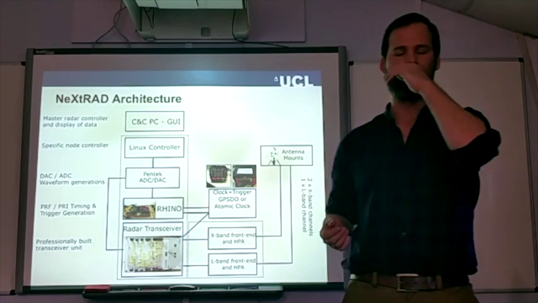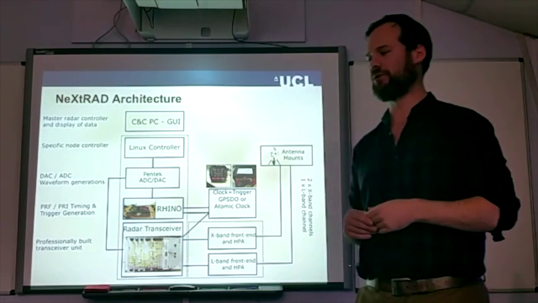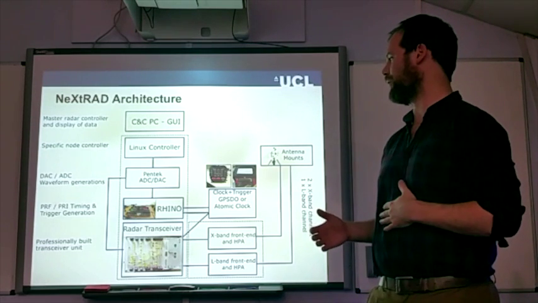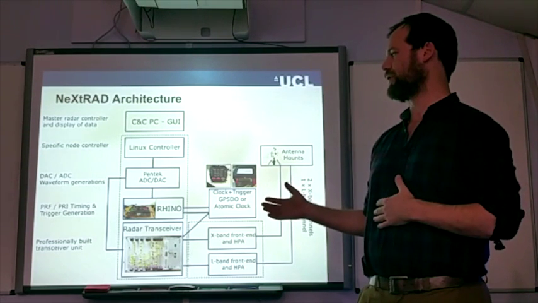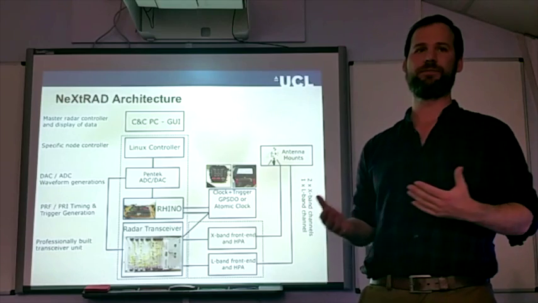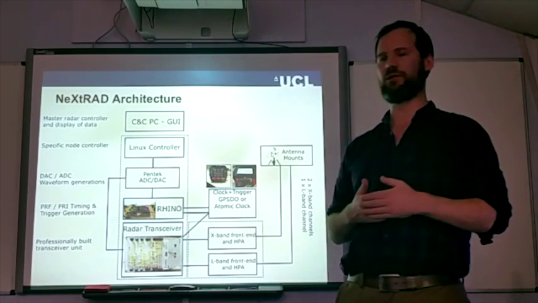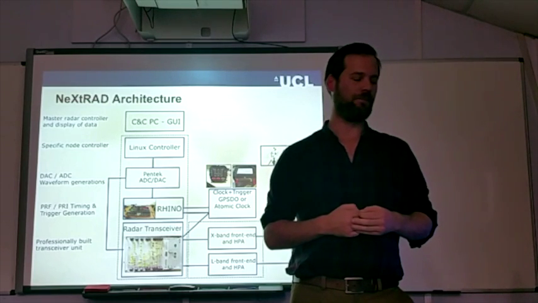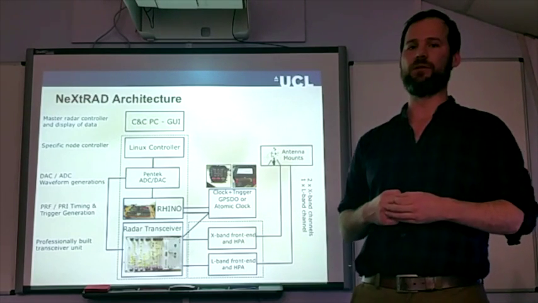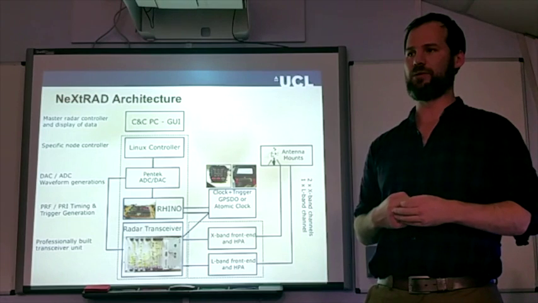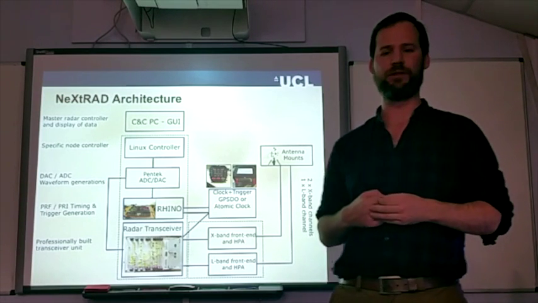Then the Rhino board, which is an open source FPGA board, is going to be used to generate our PRF and trigger signals and provide them to both the Pentek and the radar transceiver itself. The radar transceiver was a professionally built unit from a South African company, Roytech, and I'll be mentioning that next.